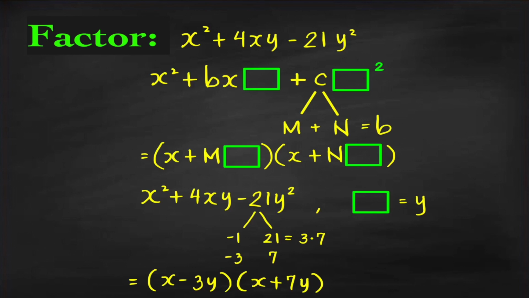So the factorization is x minus 3 times the expression in the rectangle, which is y, times x plus 7 times y.